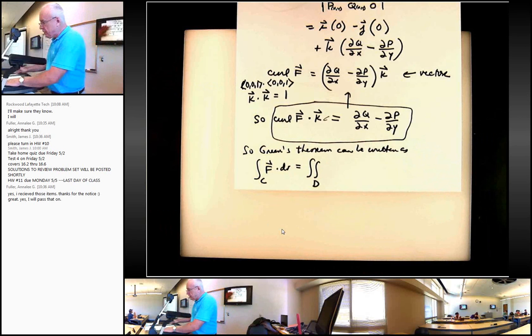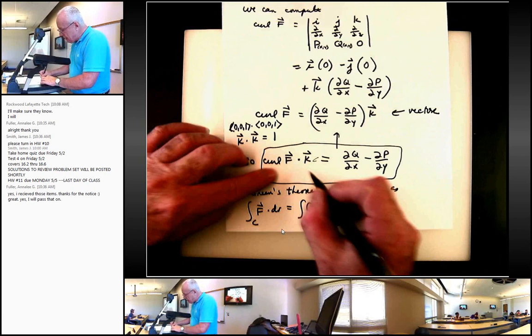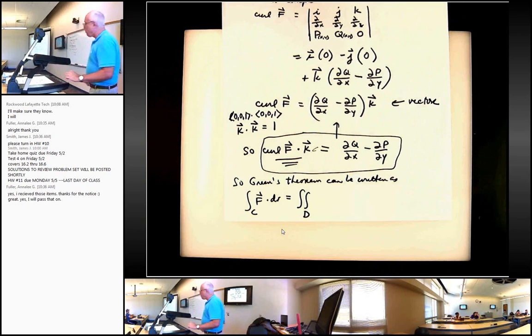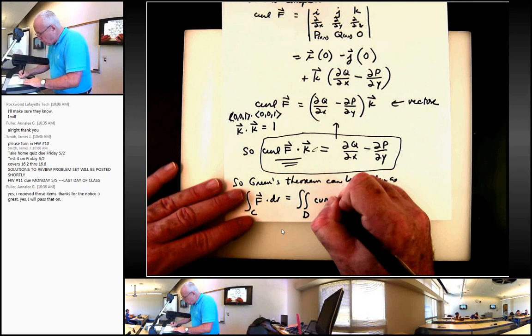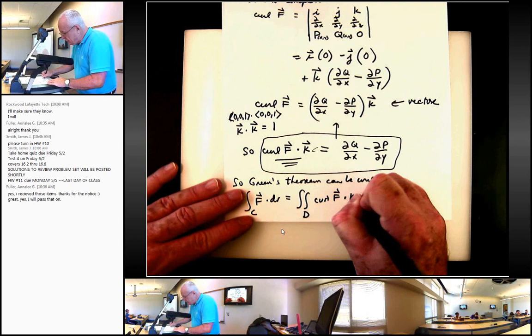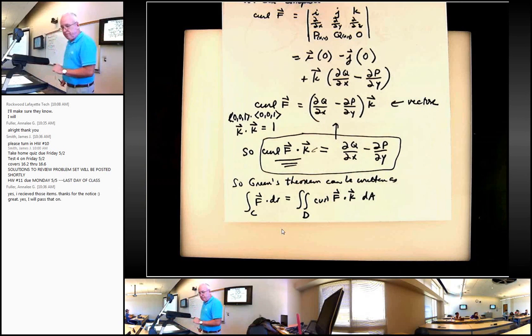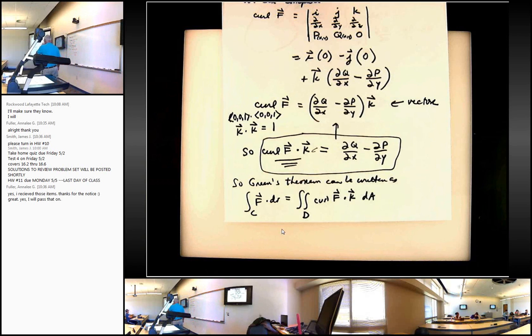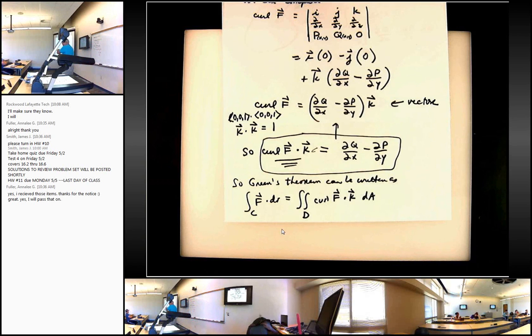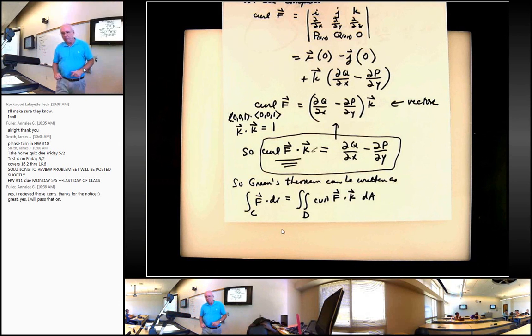But now, instead of writing just partial q partial x in that, I'm going to write this side of the equation, curl of F dot the k vector, and that's dA. Right. Okay. So this is an FYI, all right? Just to let you know that we can look at Green's theorem in terms of the curl.